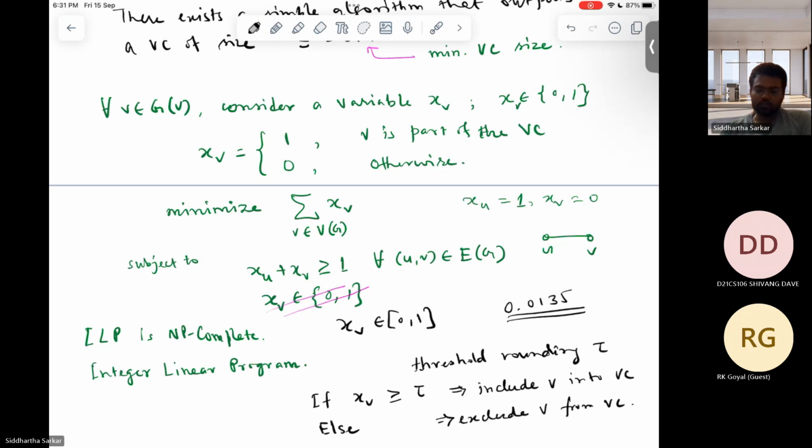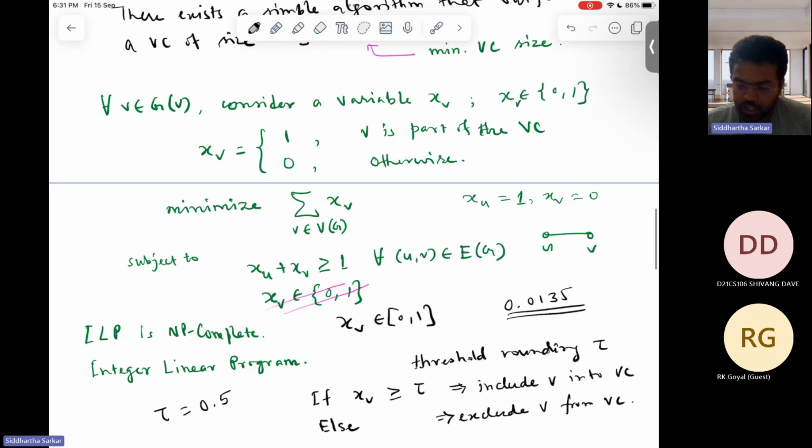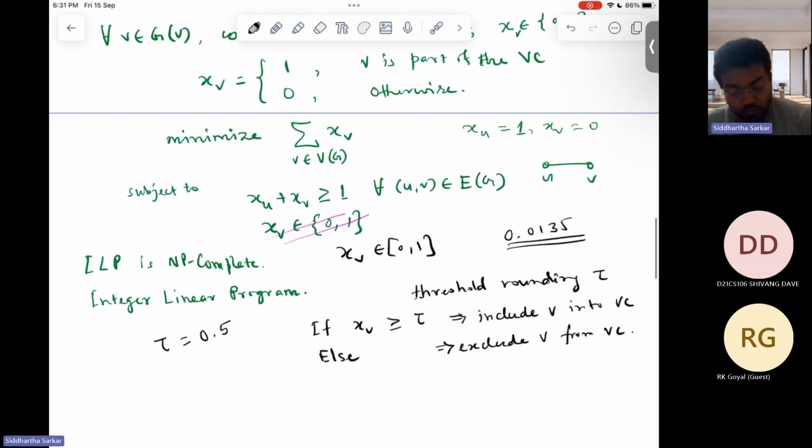So for example, if you set tau to be 0.5, that means all the variables whose corresponding values are 0.5 or more, you are going to take them. Then we can show that the solution that we have obtained is actually at most 2 OPT.